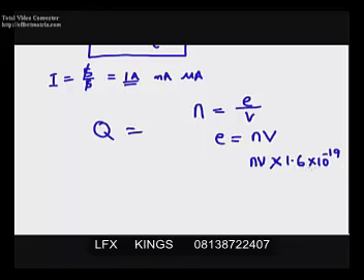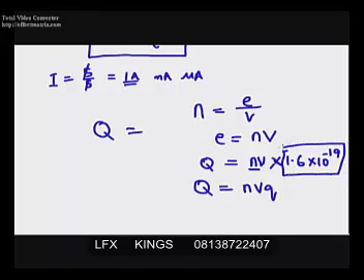If we multiply it by the total number of electrons, it gives us the total charge in the volume. So we can write this in a simpler form: the total charge is equal to nVq. The q represents the charge of one electron. So this is the total charge in the wire.